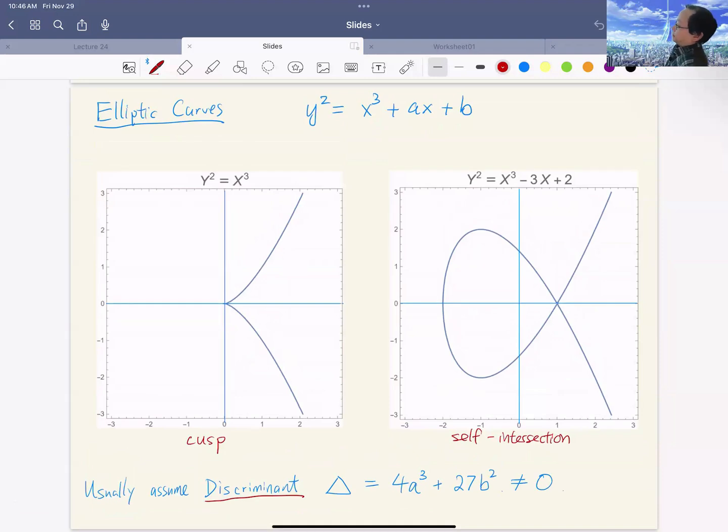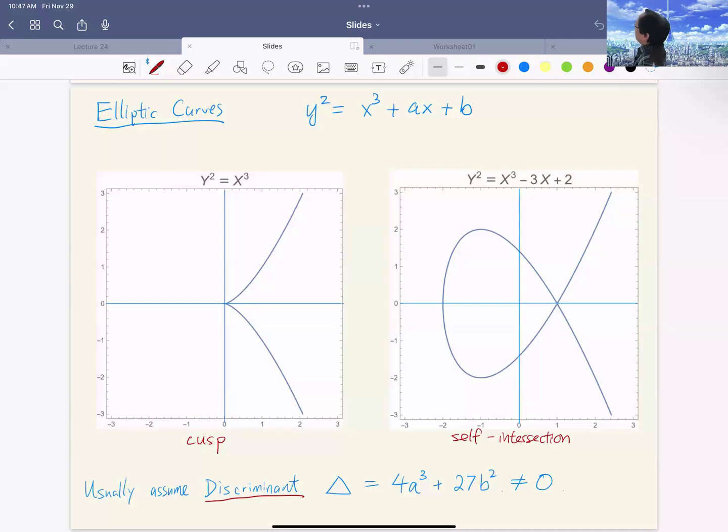This is called the cusp of the elliptic curve. It is a sharp point, which means it is not differentiable there, which is a bad thing. And you might also have self-intersection like this, like a cross on the y-axis. So these two conditions basically mean that those points are not differentiable.